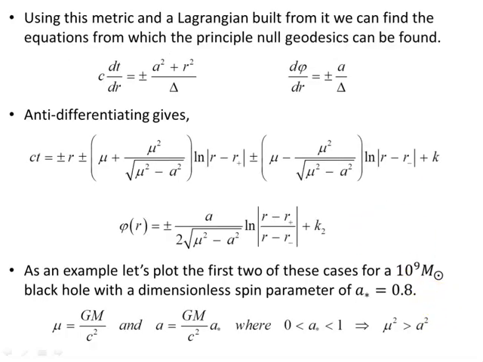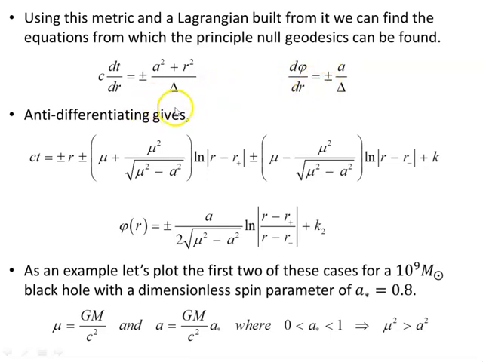Using this metric and a Lagrangian built from it in previous videos in this series, particularly go back to the very early part of the geodesic series, we can find the equations from which the principal null geodesics can be found. Now these principal null geodesics occurred later, and for the life of me, I can't remember which video series that was in.